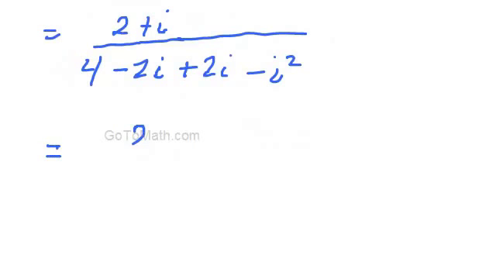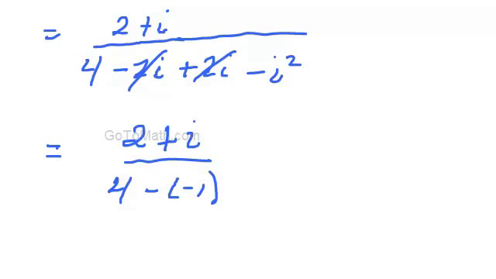We have 2 plus i over, as you can see, these two cancel out. You have 4 minus i squared. Now remember what i squared is. i squared is just negative 1, so we have 4 minus negative 1. A minus a minus is going to be a plus, so 4 plus 1 is 5.